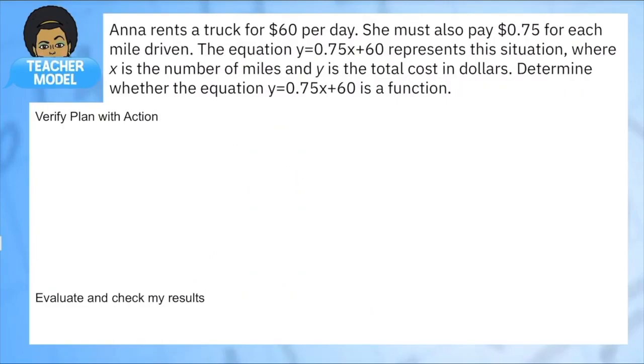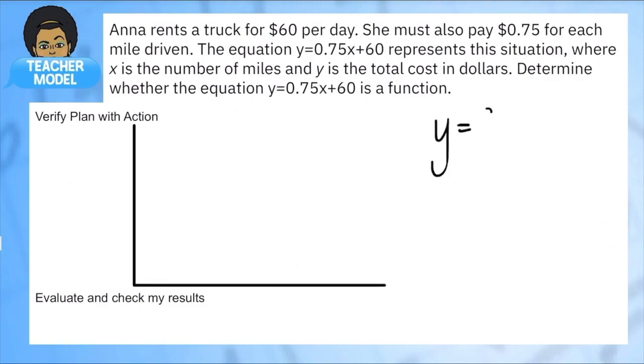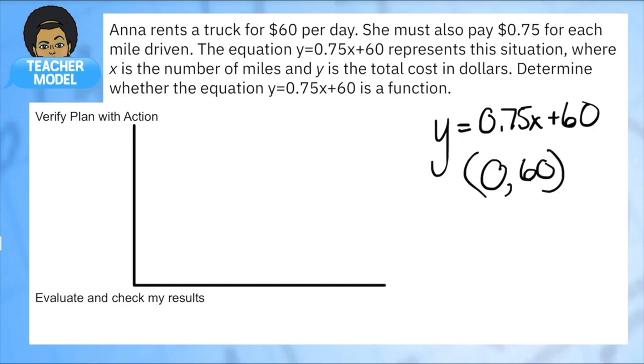And let's go into our plan. I'm going to make a very general graph. I'm going to use my equation y equals 0.75x plus 60. So I already know my y-intercept when x is 0. This is 60, so I know I'm starting there. And I'm making this very general.